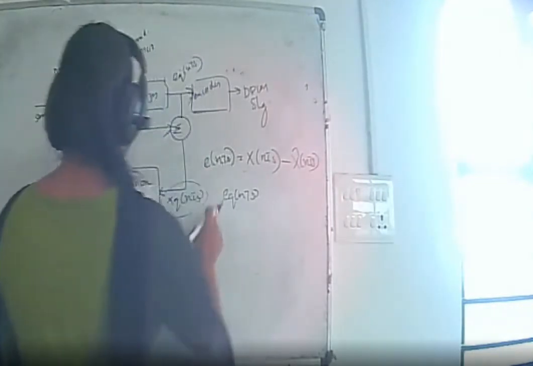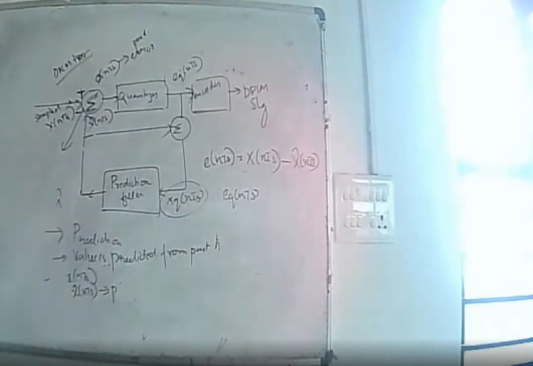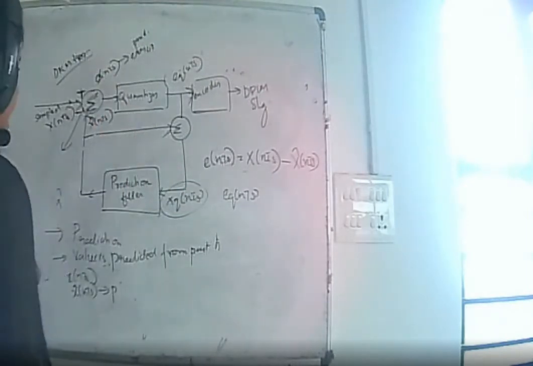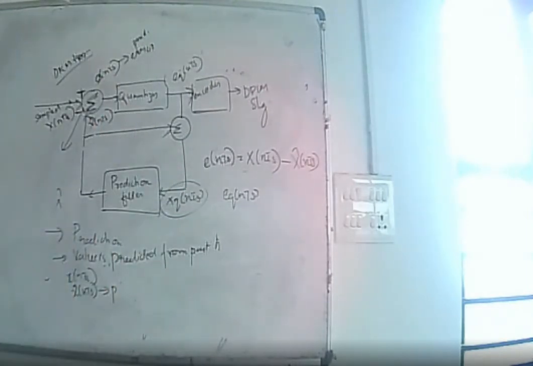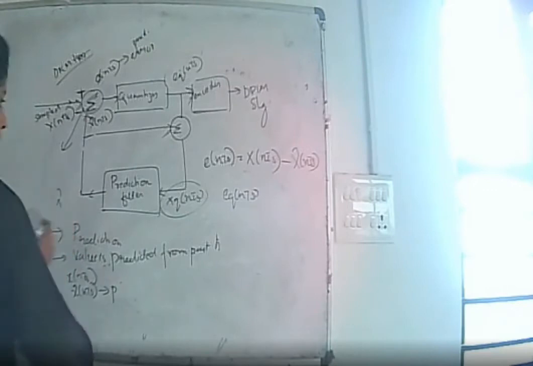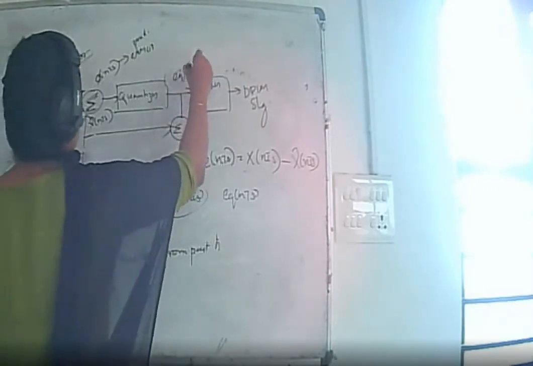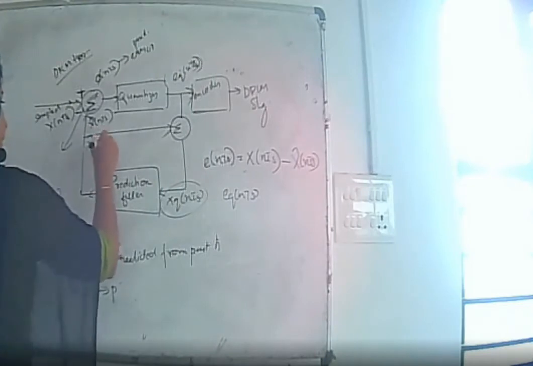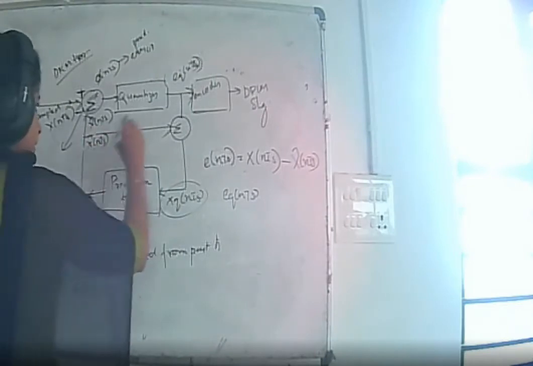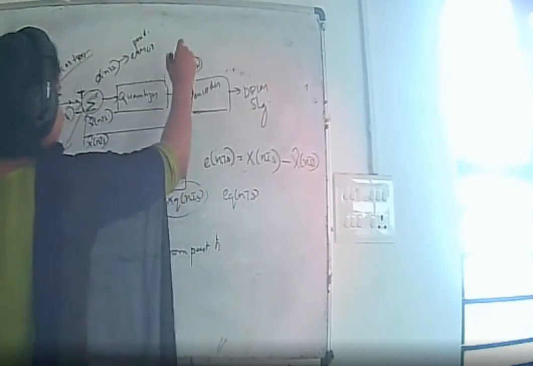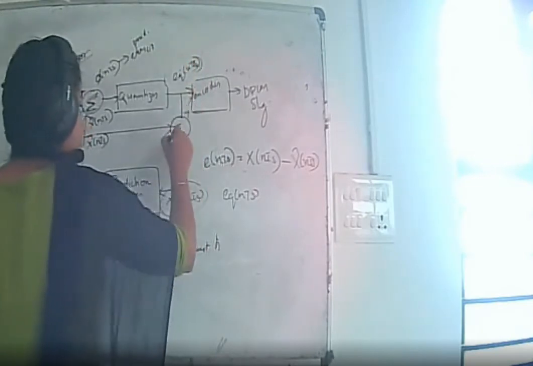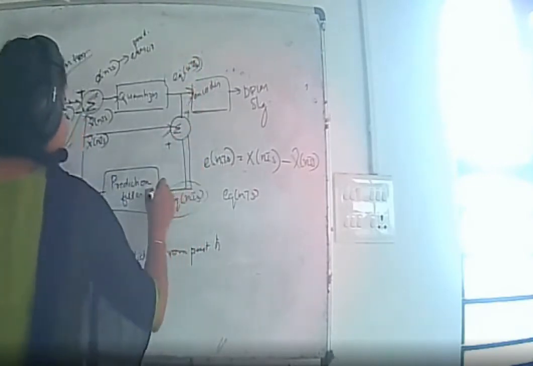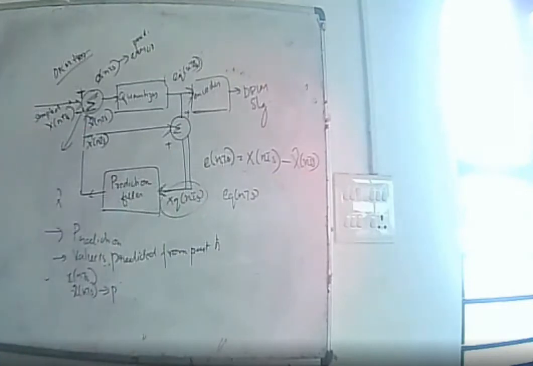Give new prediction value. Here, the quantization error and the previous predicted value are added and given as an input to the prediction filter.